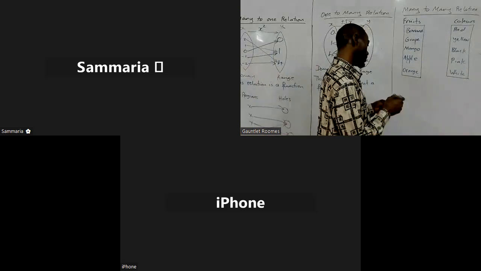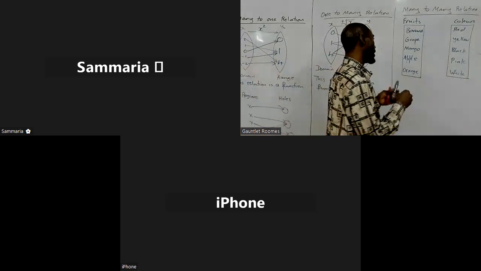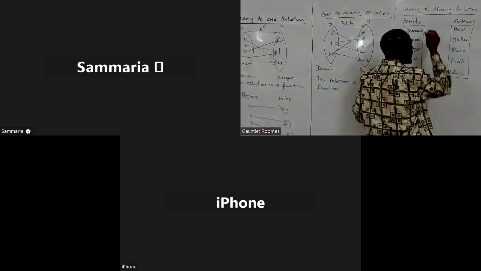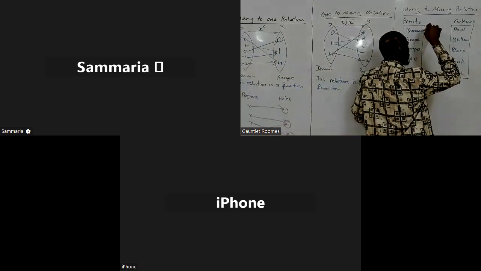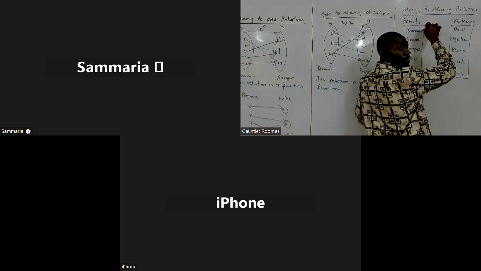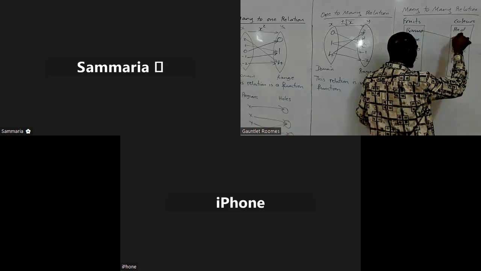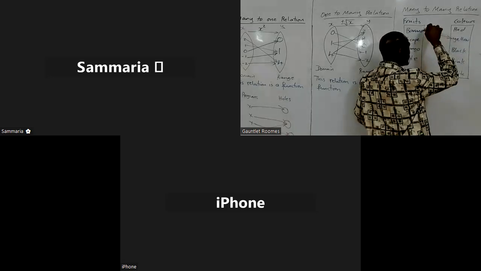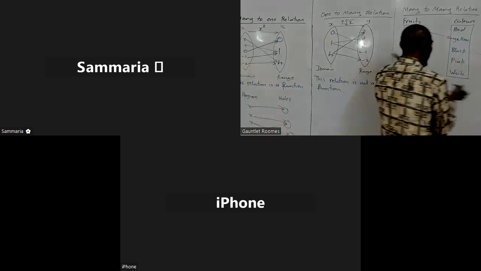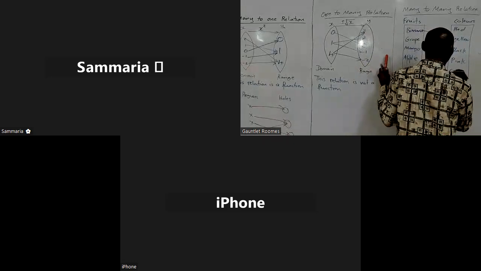Right, so let's work with the banana. What colors could we map the banana onto? We map onto yellow. We could map onto what? Oh, all right, we got that is green.